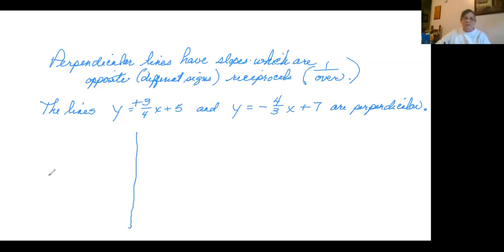To get a picture of that and understand why, let's say we've got a line coming through here. Now the slope of this line would be this rise over this run. So this looks like about a 3-to-1 ratio. This looks like up 1/3. It would be positive because it's increasing.